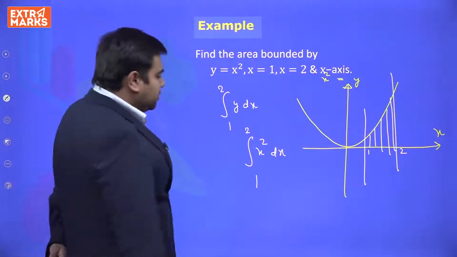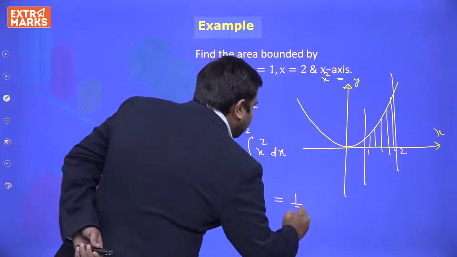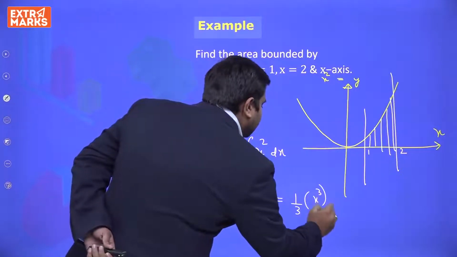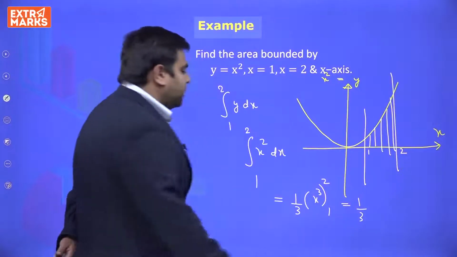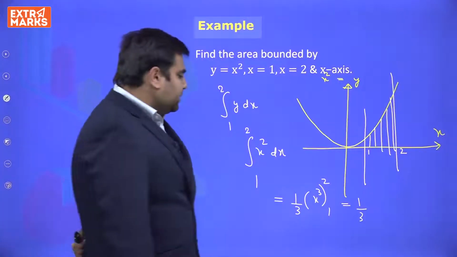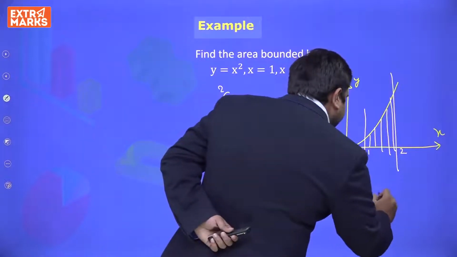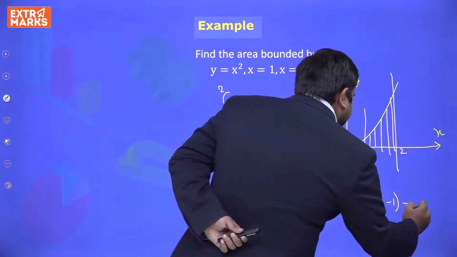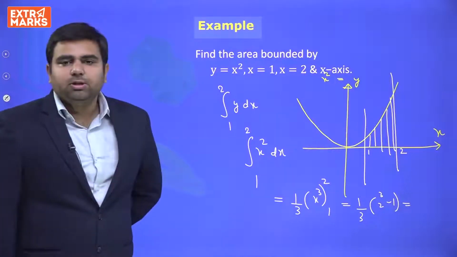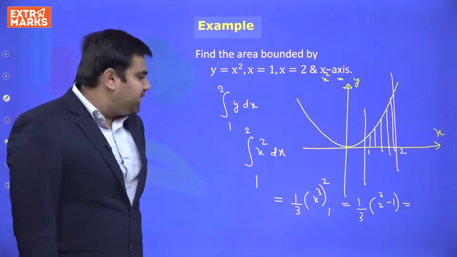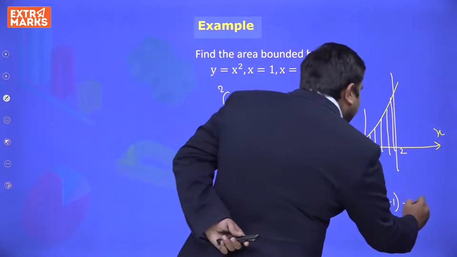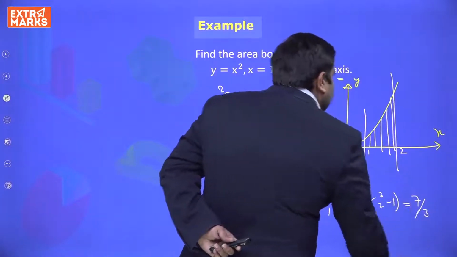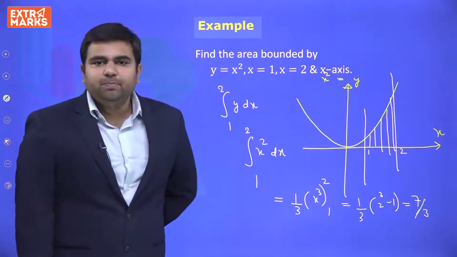So this will come out to be 1 by 3 x cube from 1 to 2, so 1 by 3 times (2 cube minus 1). This comes out to be (8 minus 1) by 3. What is that? This is 7 by 3.